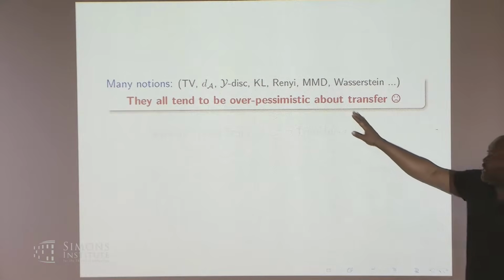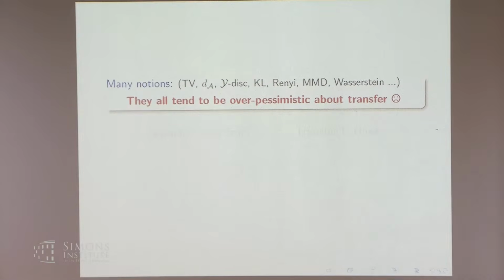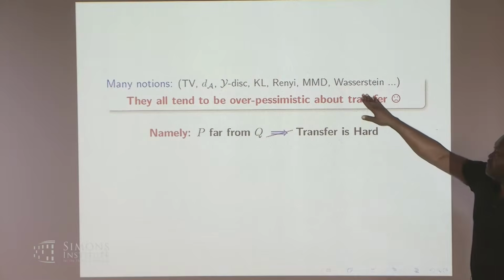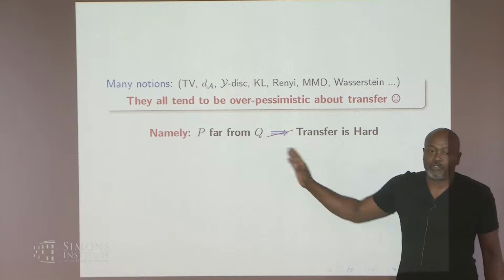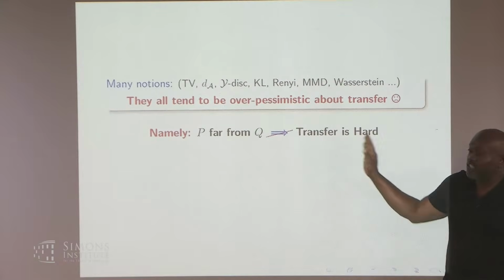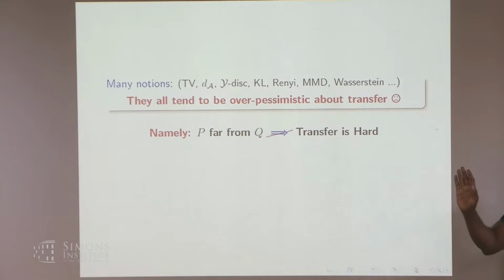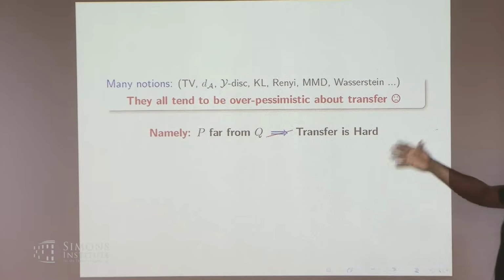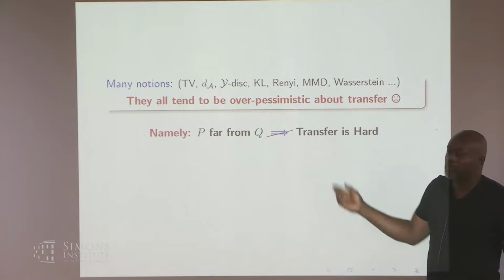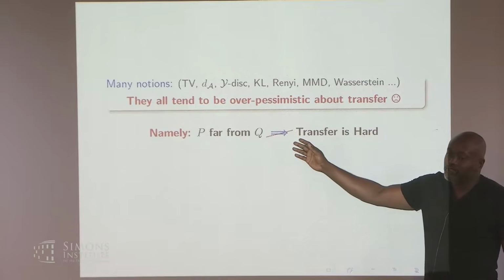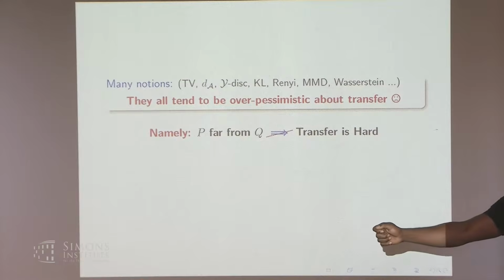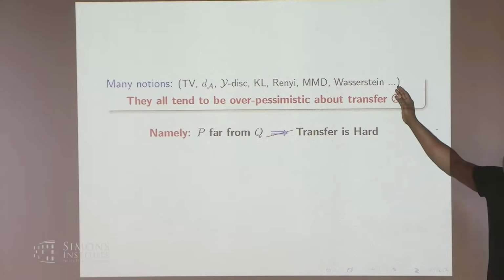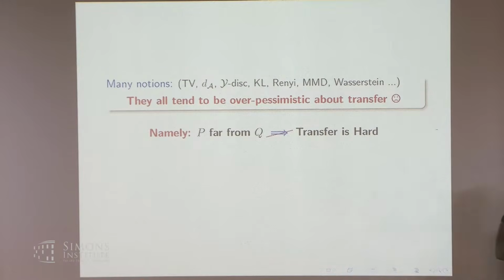And the question we are asking is a bit different. We're asking this question: do these notions really capture transfer learning, in the sense that if P and Q are far from each other, does that mean that transfer is hard, right? Is that sort of clear? And so we'll argue that there are tons of situations, and I'll just go through little pictures, where P may appear far from Q under these various notions, but transfer is actually an easy problem.